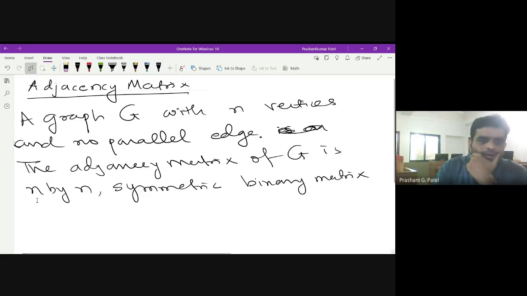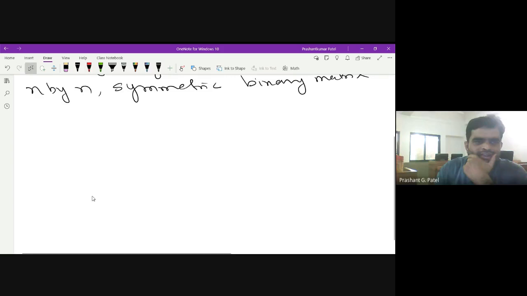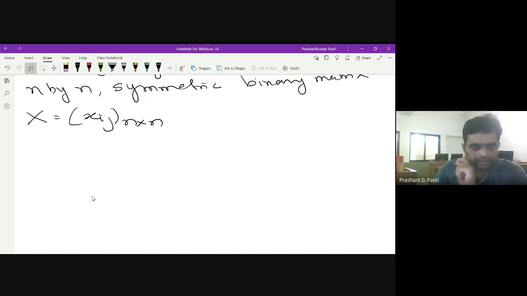Let's say this is the X matrix, where this Xij, so it is a square matrix, n by n, not rectangular. The incidence matrix was a rectangular matrix. Here it is n by n, where n is the number of vertices in graph G.